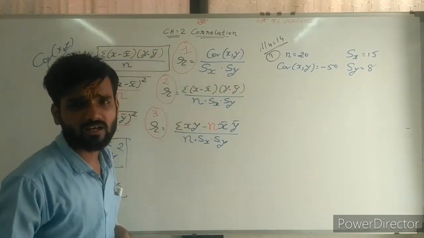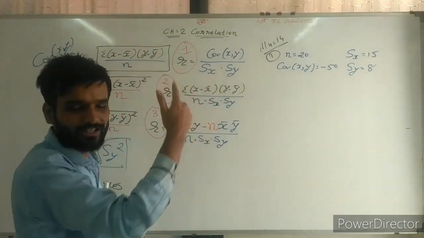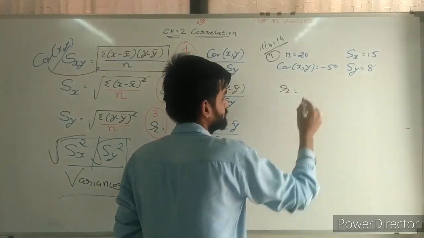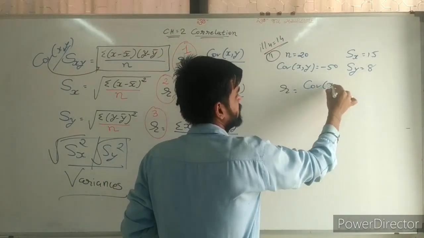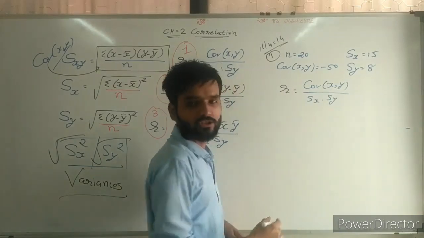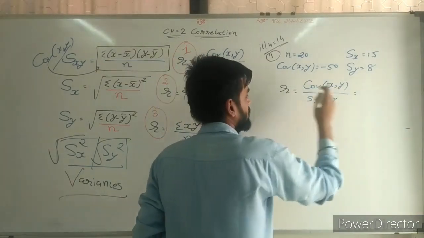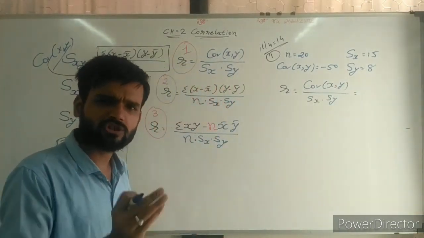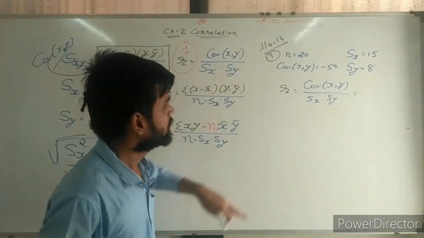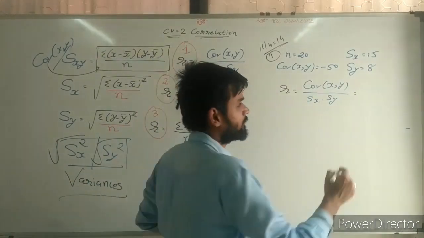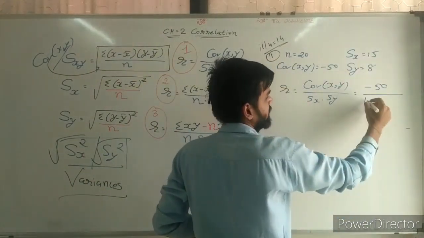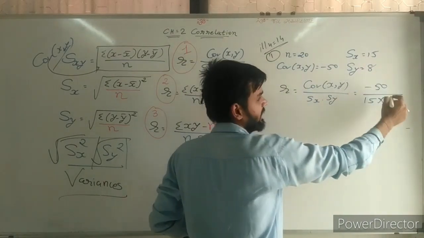So here we write r is equal to covariance of xy divided by Sx into Sy. Now replace the values already given. This is the short sum of 2 marks only. Covariance of xy is minus 50, Sx is 15, Sy is 8.